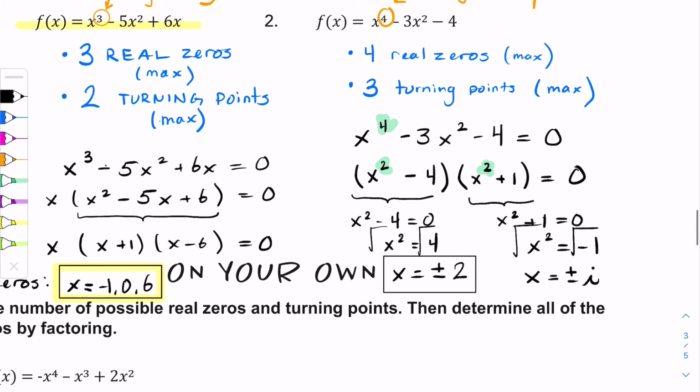The directions ask us for real zeros. This is not a real number. So I am not going to include that in my answer. My only answer is going to be positive or negative 2. I am not including imaginary solutions.